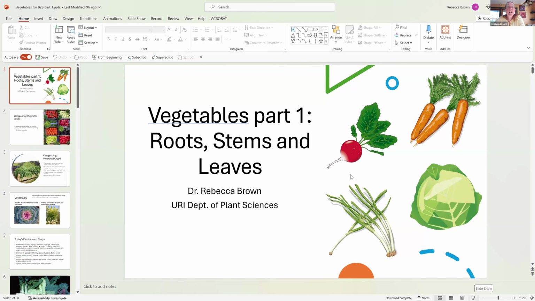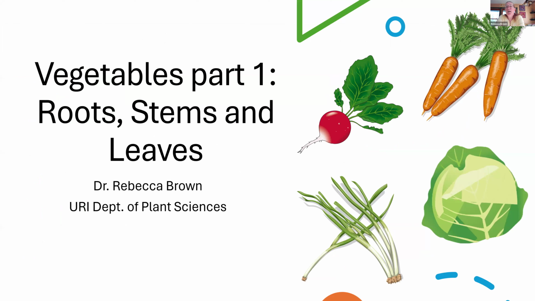Okay. So today we are going to start talking about different vegetable crops. There is absolutely no way I can cover all of this in just 2 sessions. I teach an entire semester class on vegetable production to URI undergrads, and even that doesn't cover everything. There's just a huge amount of information out there.